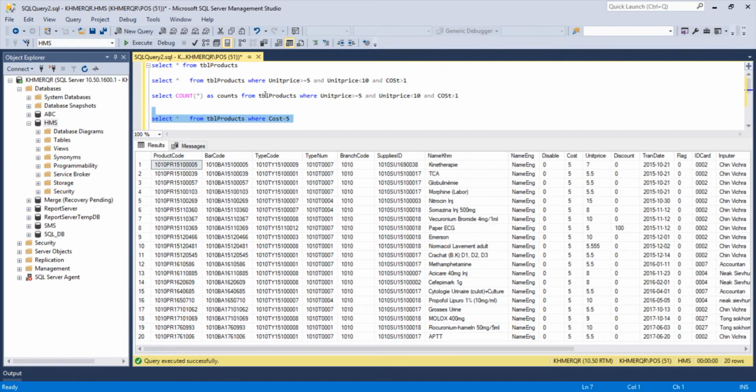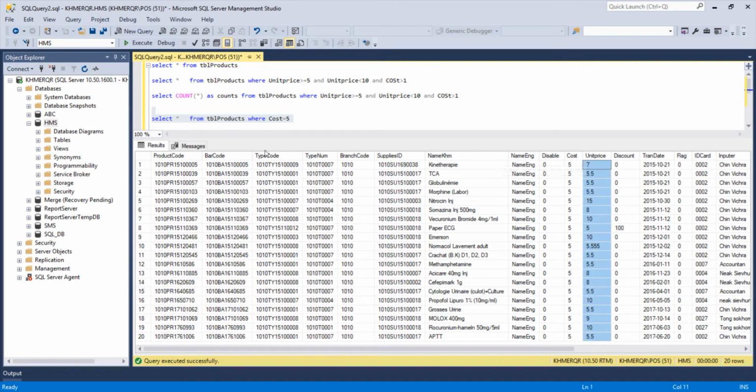How many? It's still a lot, 20 rows, but we see 5, 15, 10, and 8.